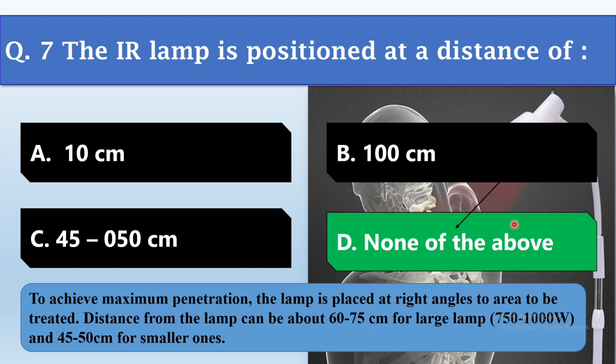To achieve maximum penetration, the lamp is placed at a right angle to the area to be treated. The distance from the lamp can be about 60 to 75 cm for a large lamp and 45 to 50 cm for a small lamp. In this question, the lamp size is not mentioned. The answer is none of the above.